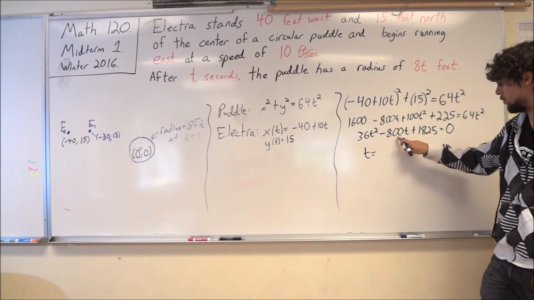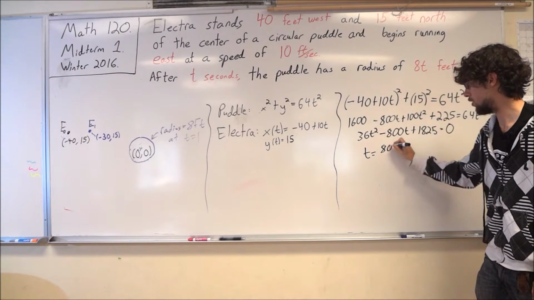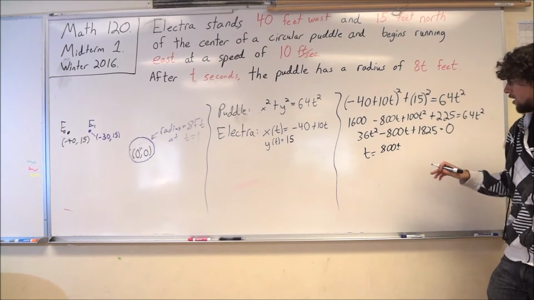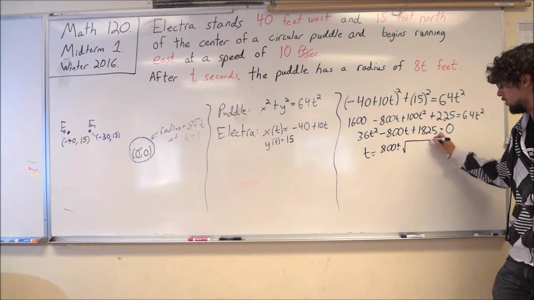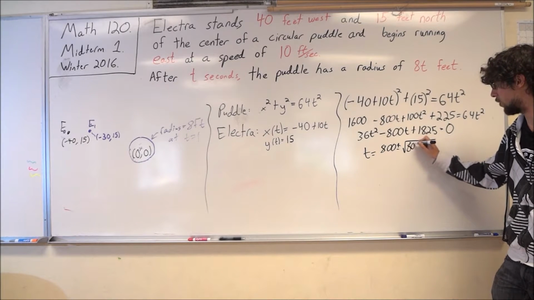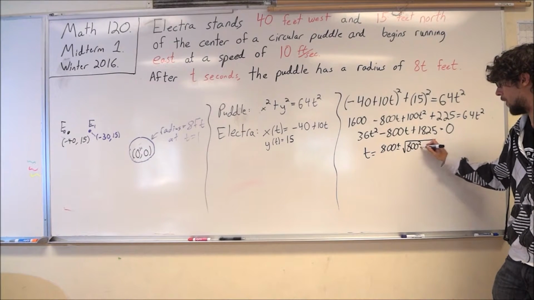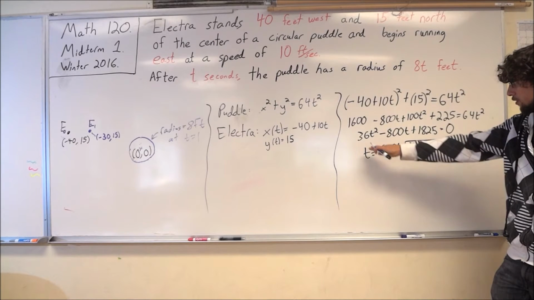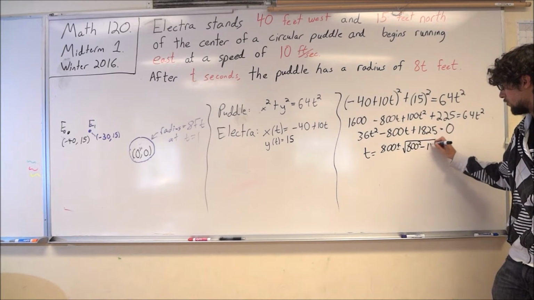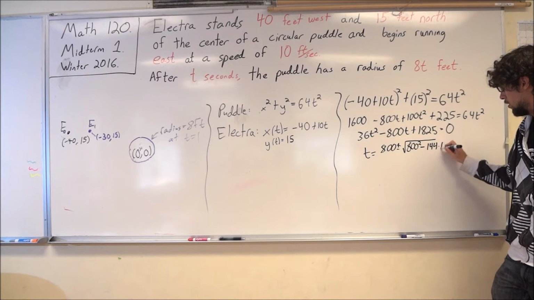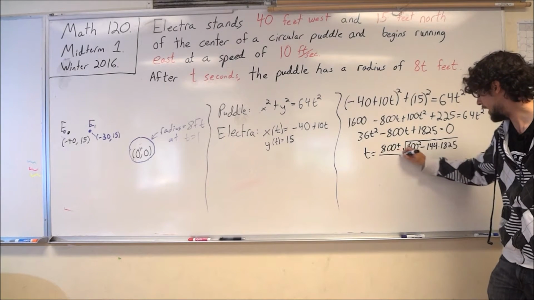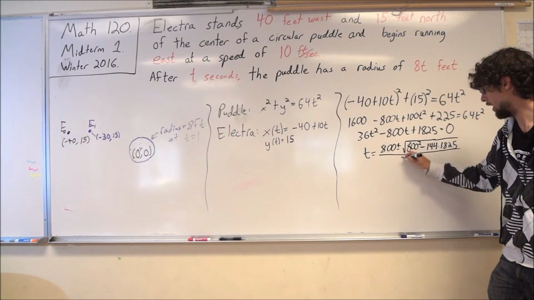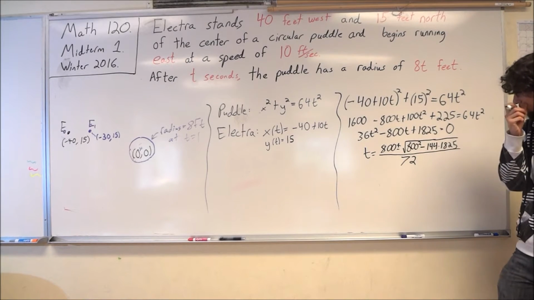I get that t equals -b, so 800, plus or minus the square root of b squared minus 4ac. So 4 times 36 is 144. And all of this is over 2a, which is 72.